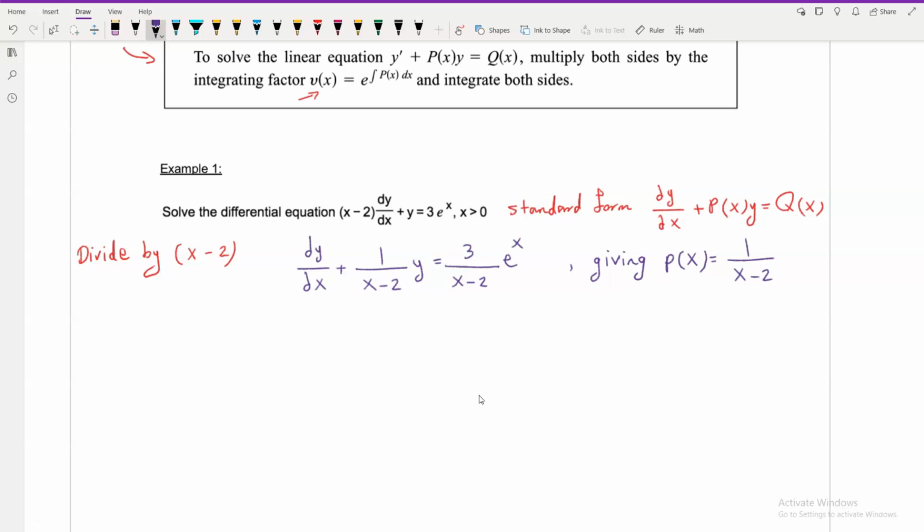Here we have dy over dx plus 1 over x minus 2 times y equal to, on the other side, 3 over x minus 2 times e power x. So p of x is equal to 1 over x minus 2, the coefficient of y.